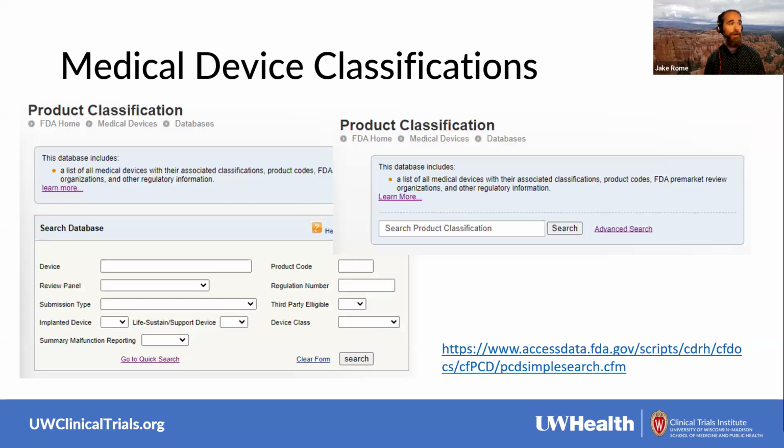One place that you can look to try and get more information about your device is the FDA's device product classification database. So you can sort of go in here. There's a quick search that I would recommend over in the corner there. You using just to say, hey, I'm using a scalpel, right? You can put in scalpel. You can find examples of that, or laser, or any number of words to help you get an idea of what the indication for your device is.